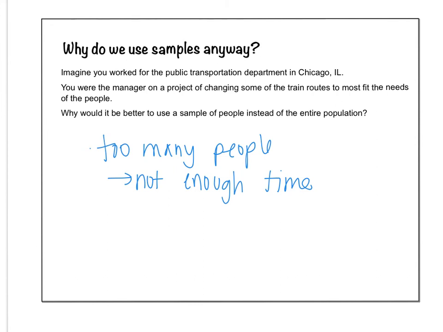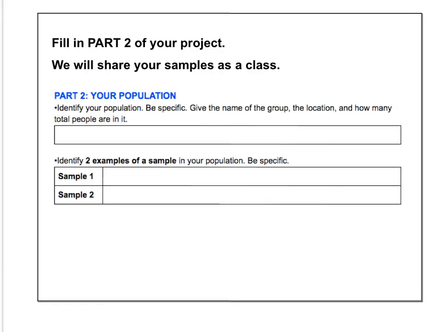Some people might not even use the train stations and departments, so why would you want to interview them in the first place? So samples can be very helpful as far as the ease for you as the researcher. It makes it a lot easier for you, but they can also be pretty accurate, and that's where we're headed next: how can we get an accurate sample that would still reflect the entire population.